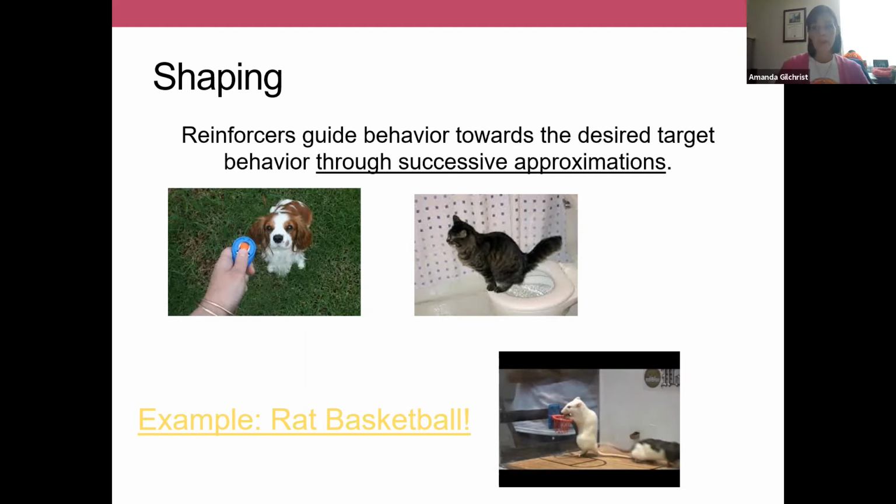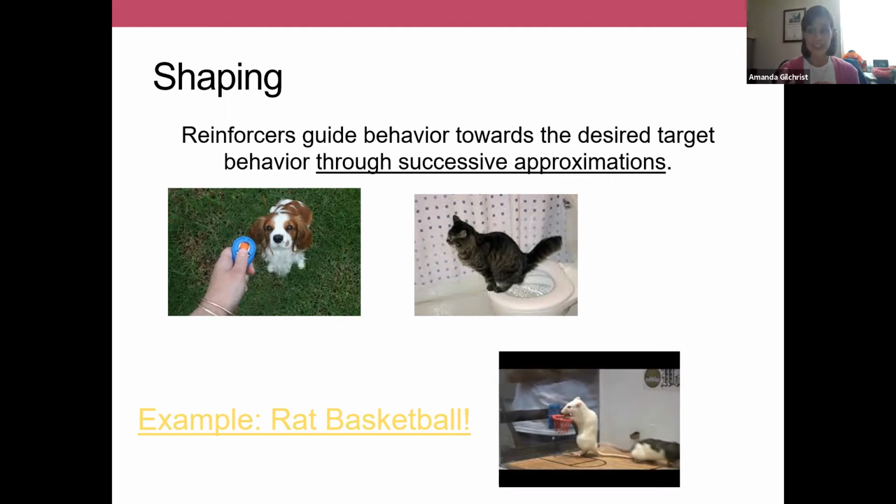So for example, an example of reinforcement might be that every time you answer a question correctly in class, I give you a piece of candy. Now, odds are pretty good that after a while, you are going to become more likely to answer questions and raise your hand in class to get those reinforcers. So if you want to figure out if something is reinforcing a behavior, look at the behavior itself.